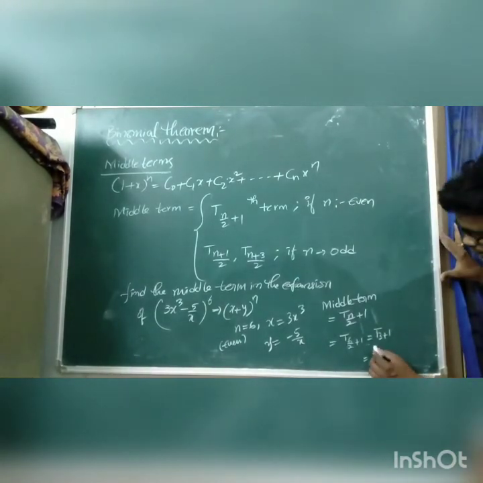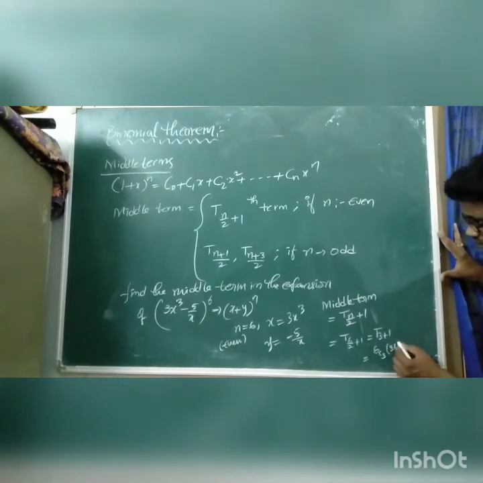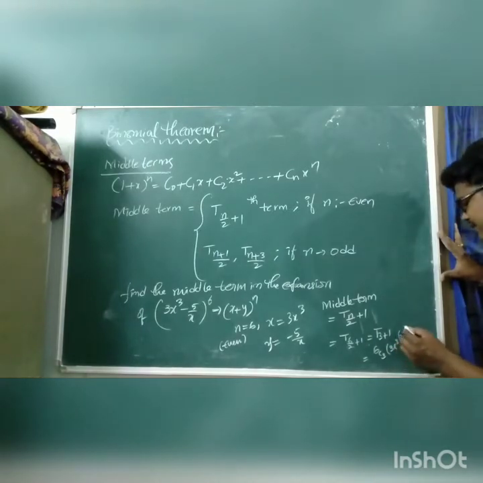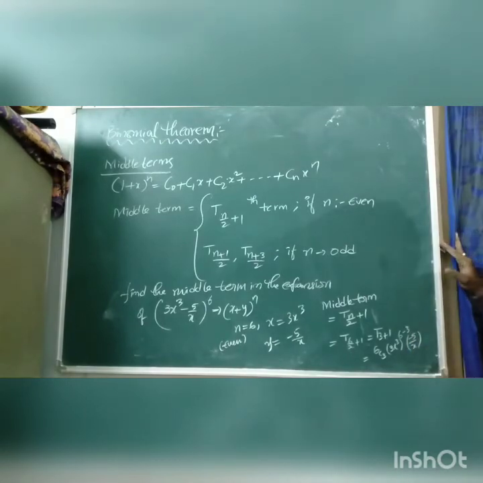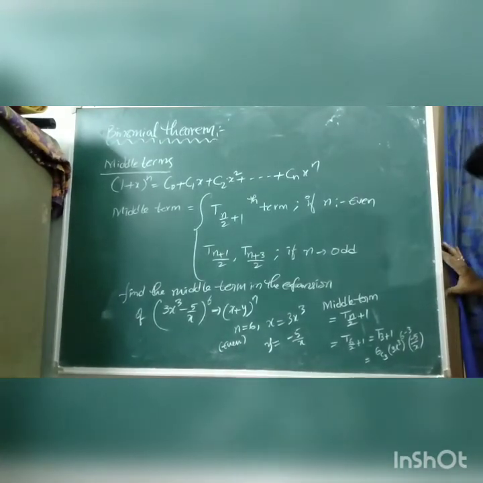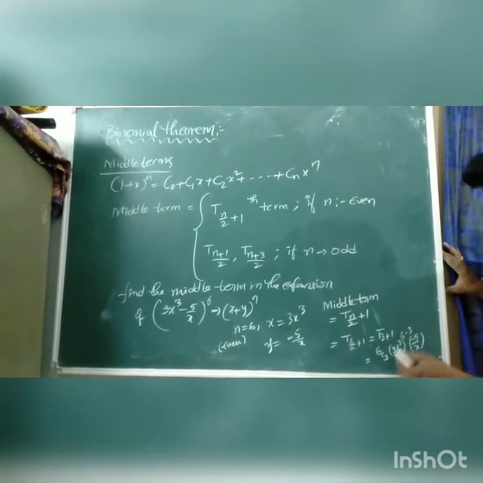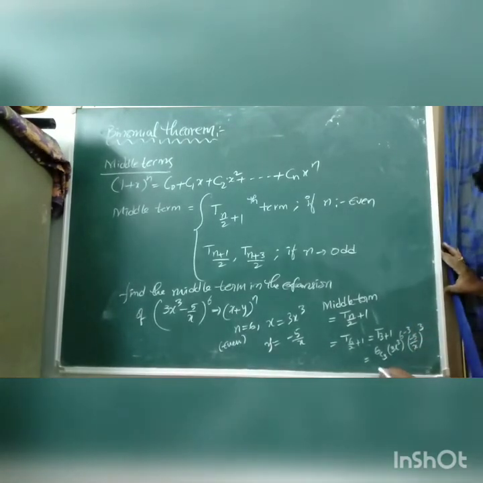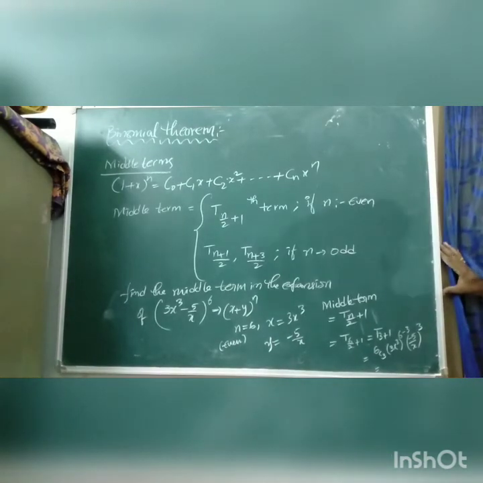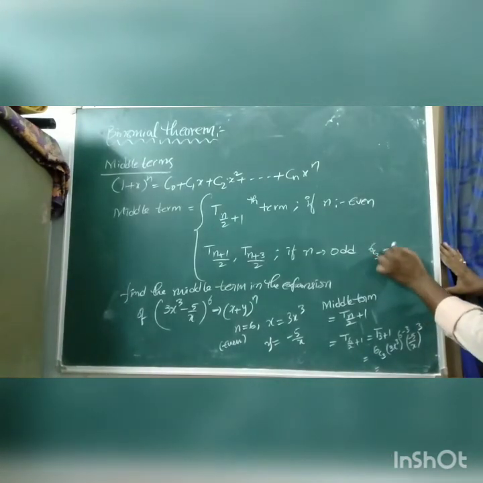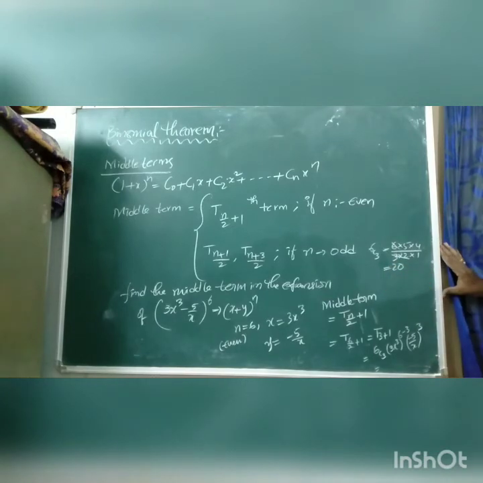Formula: 6C3 (3x^3)^(6-3) (-5/x)^3. The value of 6C3 is equal to 6 into 5 into 4 by 3 into 2 into 1, so the value of 6C3 is 20.